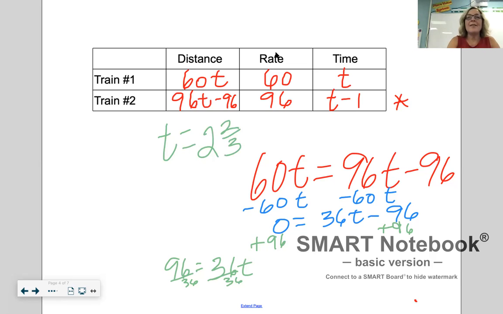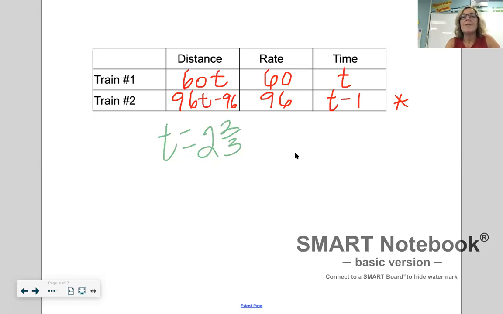So now let's think about what that means. Remember, you have to go back to what the question asks us. It doesn't ask us to find t, it wants us to find the time for the second train, and the second train is t minus 1, meaning that we have to subtract 1 from t.